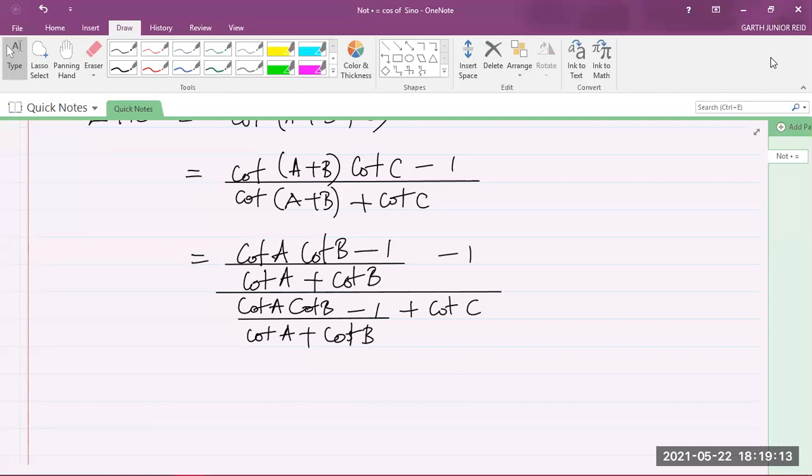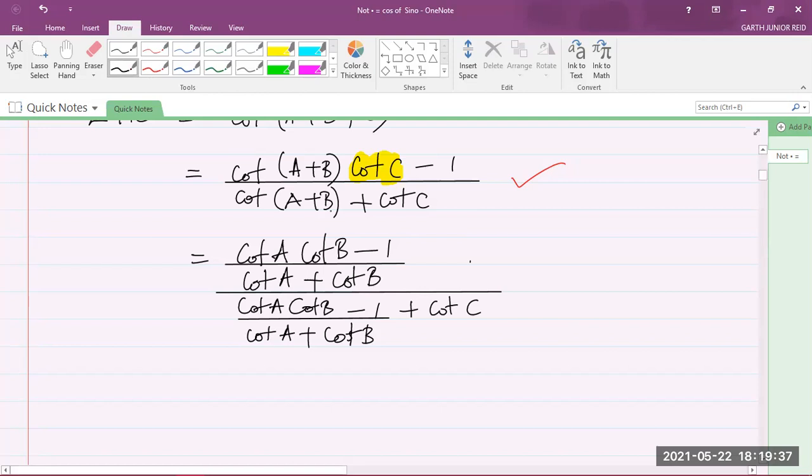Yes, guys, so I will be going back to this step here because I recognized that I actually made an error. Remember now, let me erase the negative one here. Remember that we had the cot of C on the outside, right? So I had missed that term.